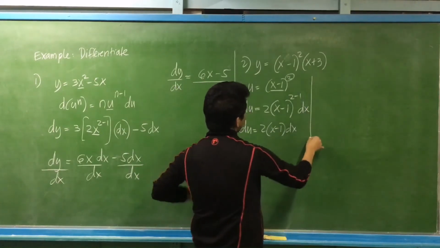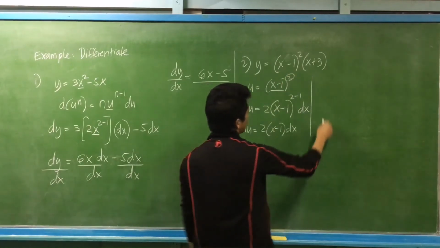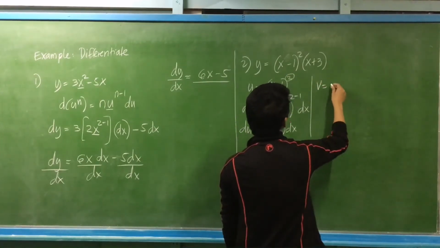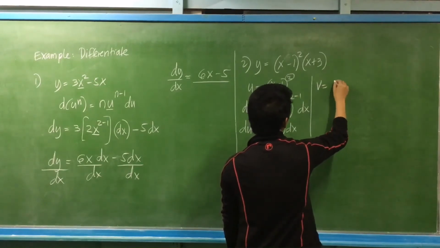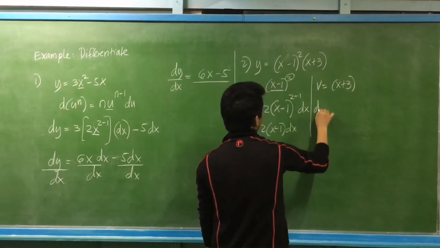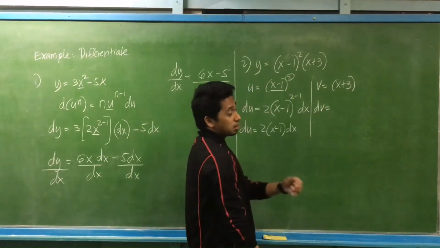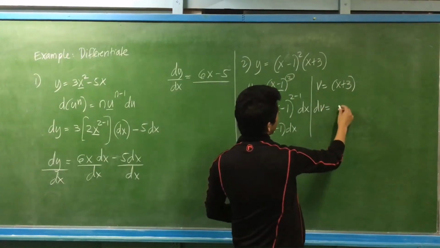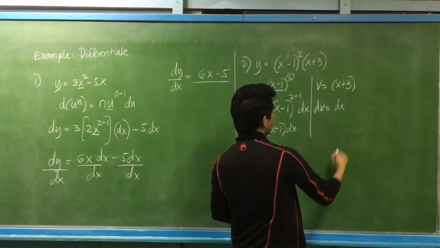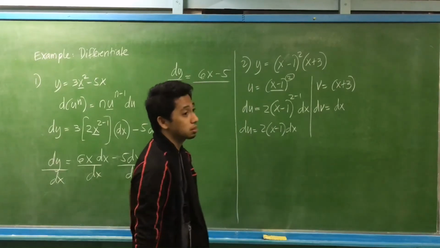That is for our first term. Then for our second term, let's say that is v. The derivative of our second term, x plus 3, is simply, derivative of x is dx. Derivative of 3 is 0, that is constant.